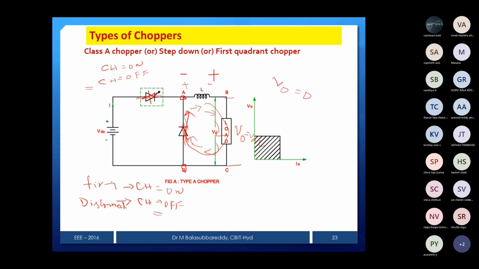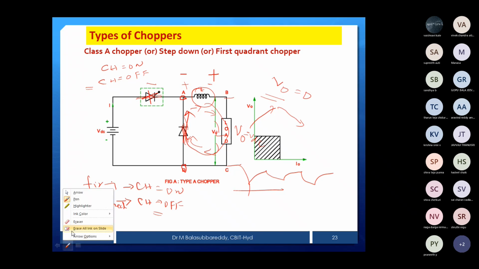Whatever energy is stored in the inductor is going to be dissipated through the diode and load. That's why current will be gradually decreasing, whereas earlier current was gradually increasing. When the chopper is on, current will be rising, and when chopper is off, current is decreasing. Again on, again off, like this. This is the current waveform.